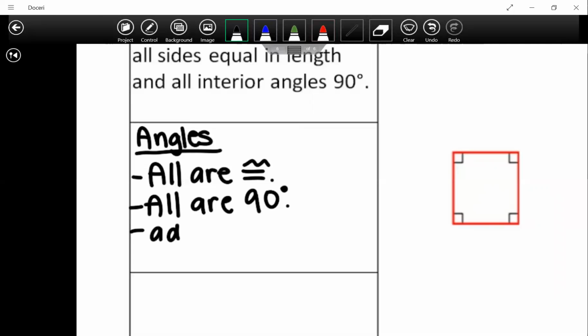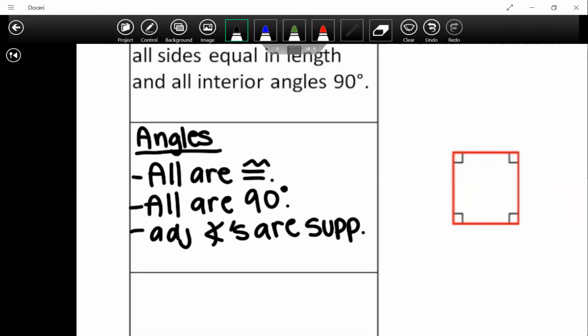Adjacent angles are supplementary. So it shares a bunch of these properties that we can look at.